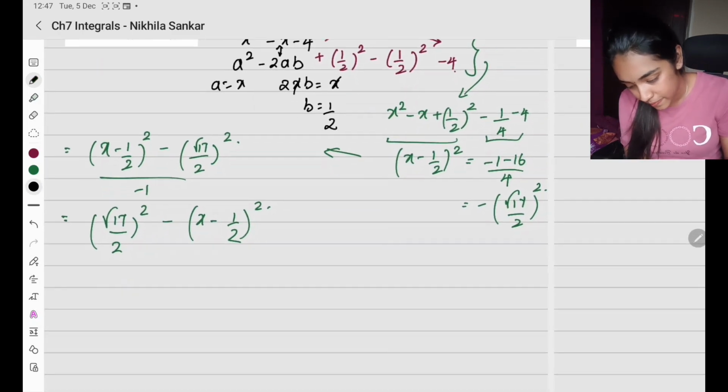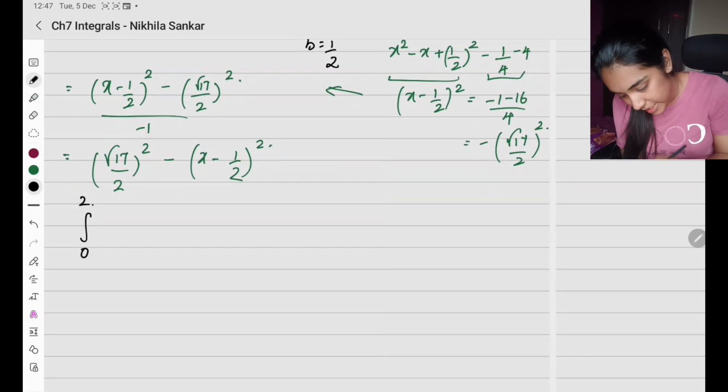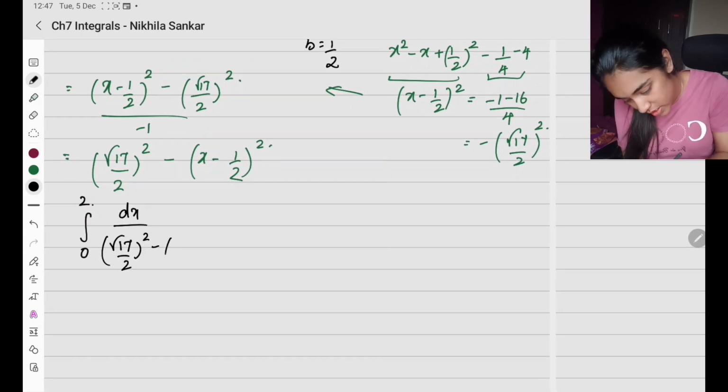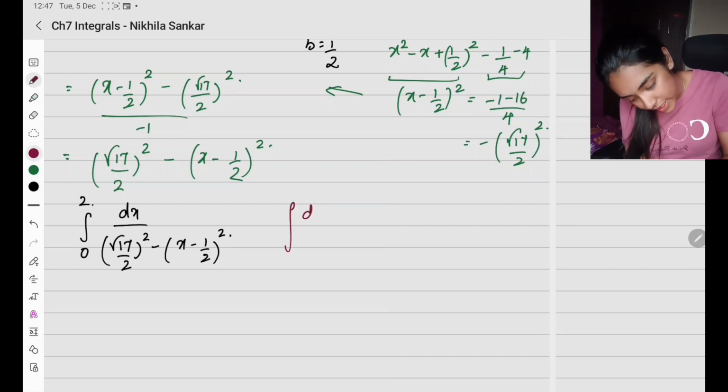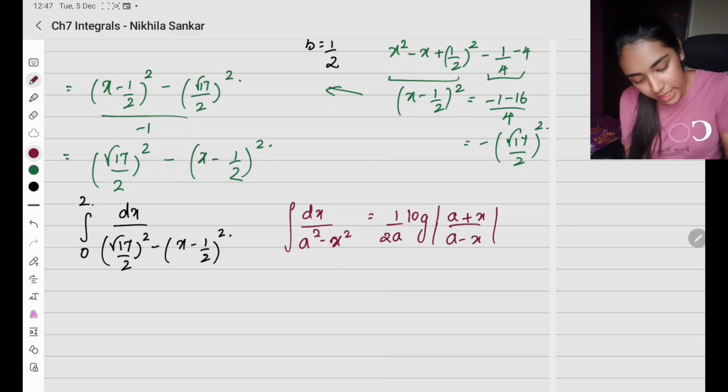The integral goes from 0 to 2 and dx divided by root 17 by 2 the whole square minus x minus half the whole square. This is how the form integral dx divided by a square minus x square, which is going to be 1 by 2a log mod a plus x divided by a minus x.